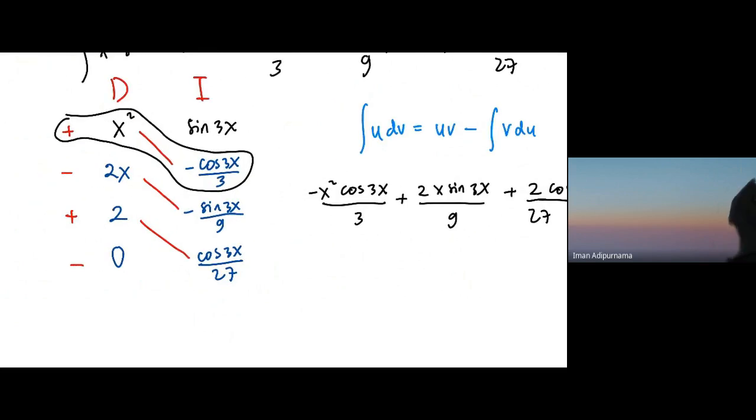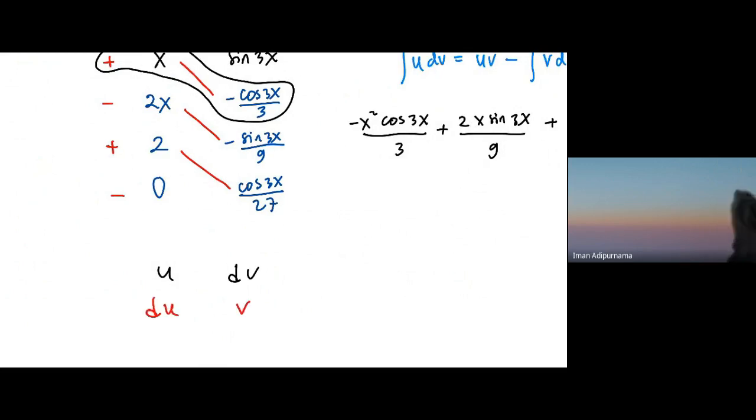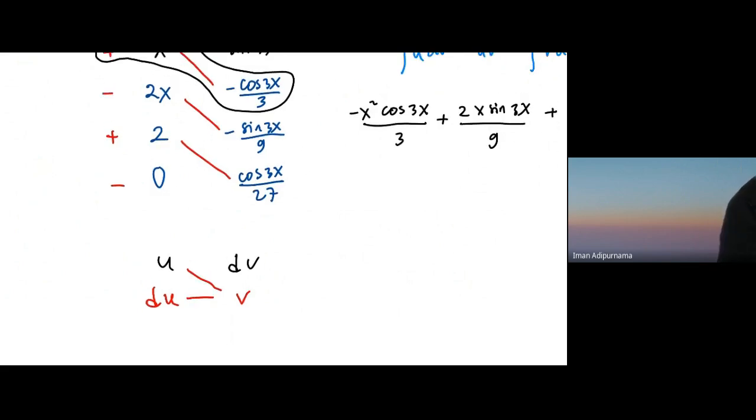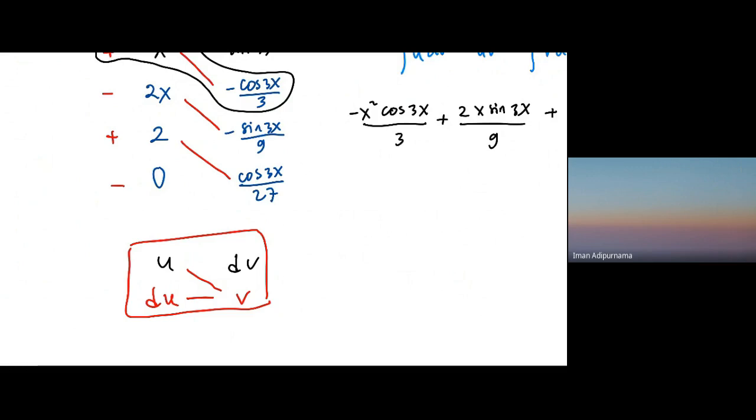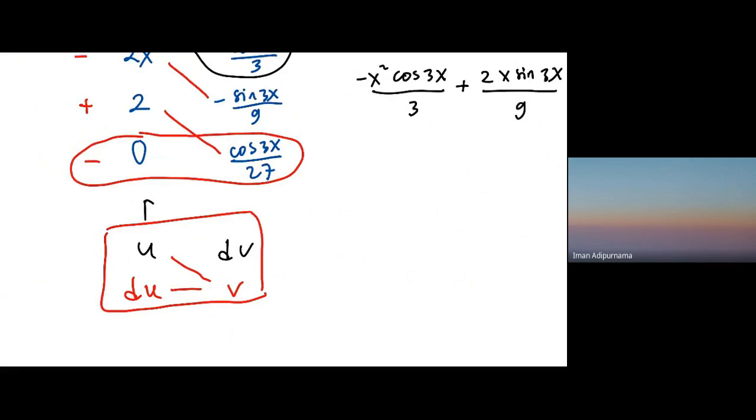So this is simply u and dv, and we get du and v, and we cross multiply this way. If for example you do not end with 0, you still can use this method also. The last part becomes the multiplication of the last row.